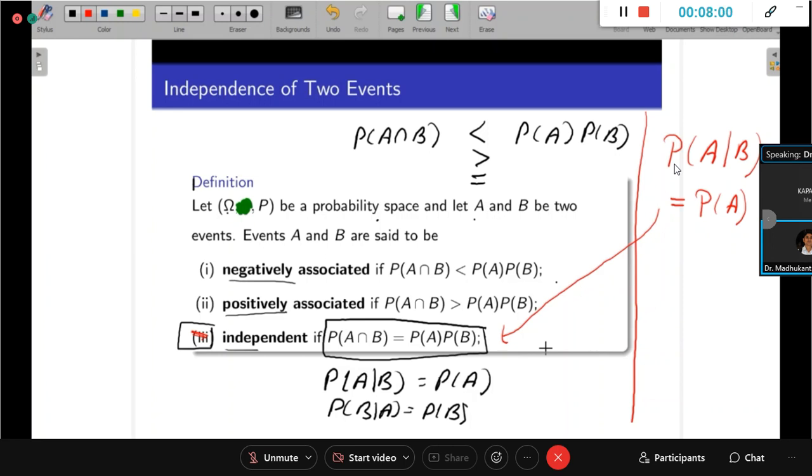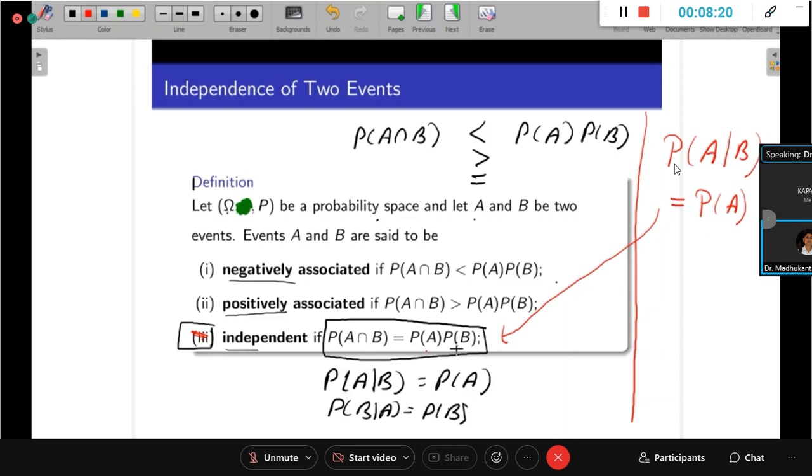Either way, you can now prove that if the probability of A intersection B is equal to the probability of A times the probability of B, then A is independent of B, or vice versa.